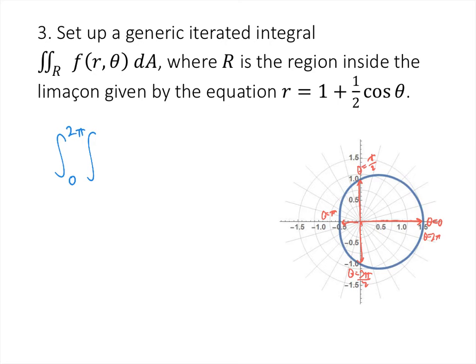Now my radius is going to go from the origin, where r equals 0, all the way out to this curve, 1 plus 1/2 cosine theta. And then I integrate my generic function, f of r theta, and then dA becomes r dr d theta. So that would be my setup for my generic iterated integral.